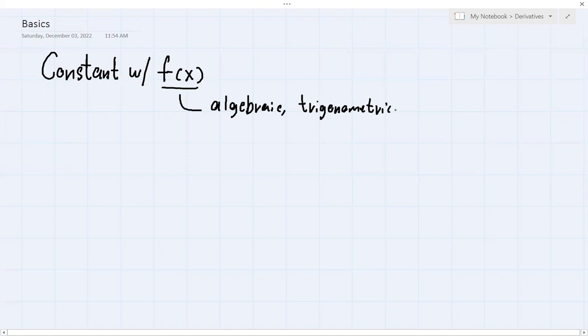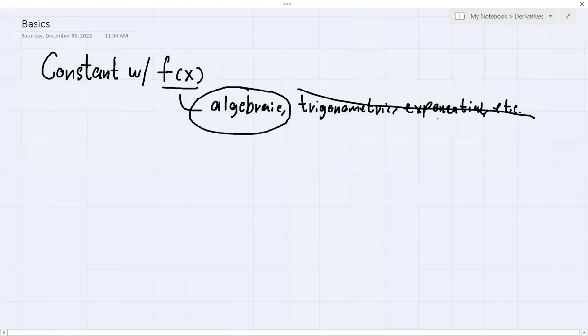Pwede rin itong naka-exponential, and many more functions. Pero syempre, nasa basics pa lang tayo, we're going to focus at the algebraic functions lang. Okay? Yan ang focus natin na let's disregard these other functions.